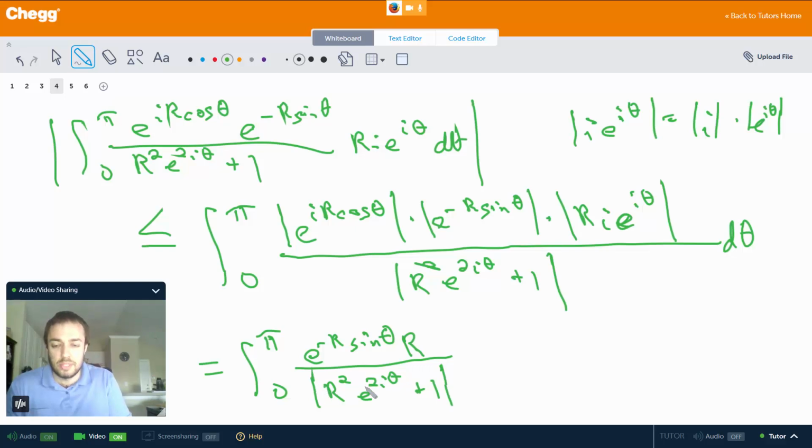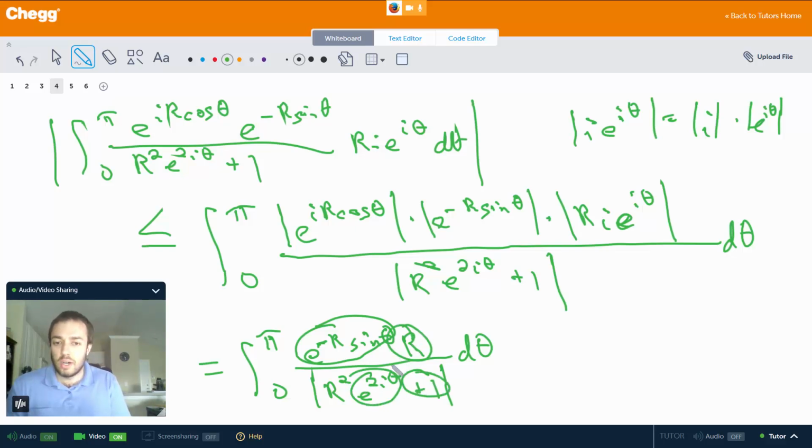Now we could do a little bit to simplify this, but we don't have to worry about that, because now, remember, we want to analyze this as r goes to infinity. Well, as r goes to infinity, what's happening here? Let's ignore this piece right here that I just circled. Ignore that piece for now. Let's just go ahead and focus on r over this. As r goes to infinity, well, first of all, e to the 2i theta is going to stay bounded, right? Because theta goes between 0 and pi, and this is going to be bounded anyway. Plus 1 is just plus 1.